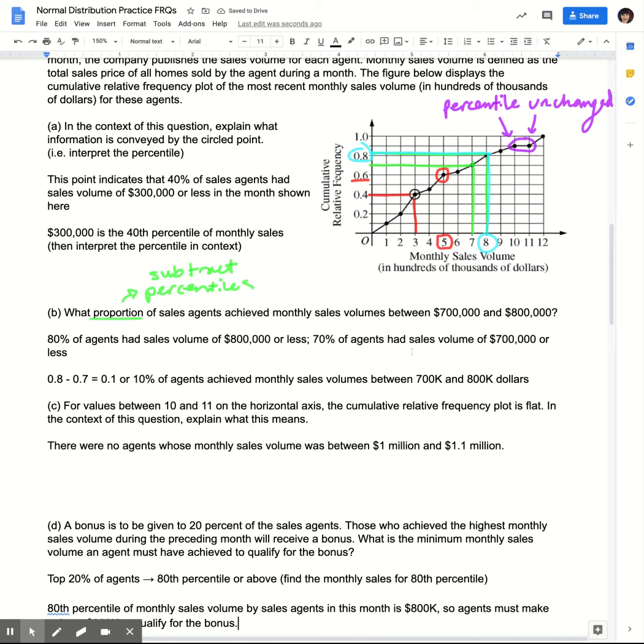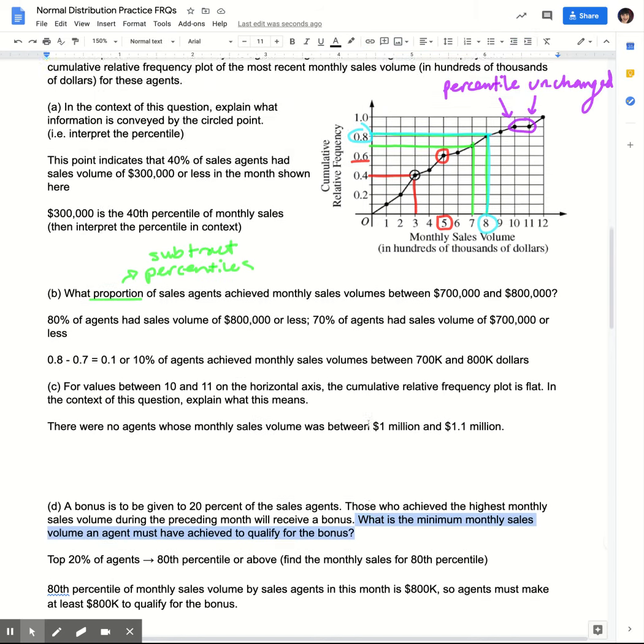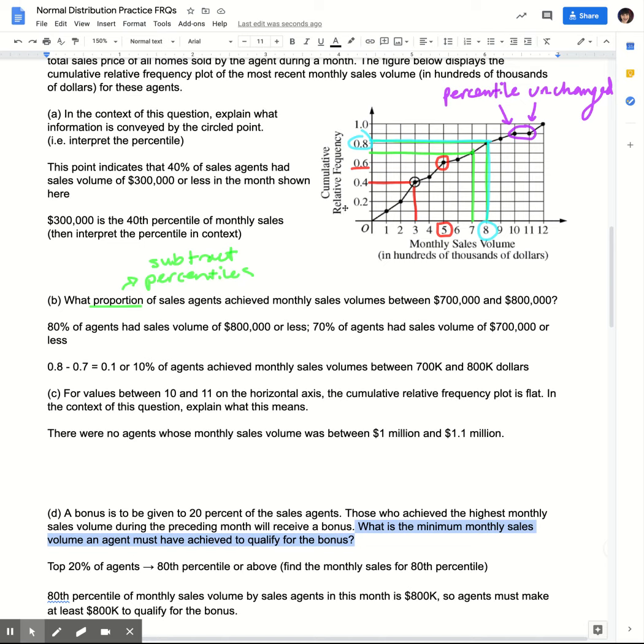The key thing here, y'all, is to make sure you're looking at these graphs carefully. If they're asking you for a proportion, they're usually asking for a cumulative relative frequency. If they're asking what the actual X value is, you have to use the percentiles in the cumulative relative frequency to figure out the X value associated with that particular percentile.